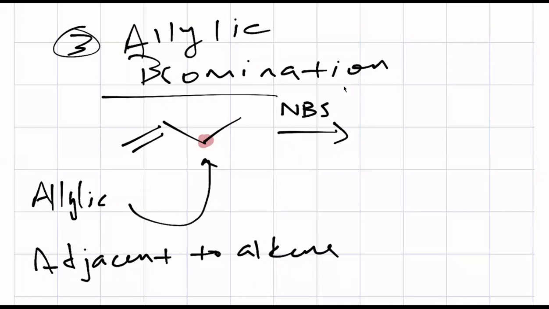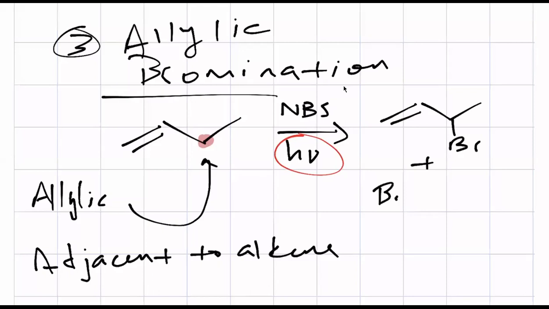Can somebody tell me? You can unmute yourself. Somebody tell me whenever you use light, what type of mechanism is that going to be? Now, we did learn that in part one. We learned about two different types of mechanisms. Can somebody tell me what they are? All right, so you're going to end up with, in this case, two products, right?